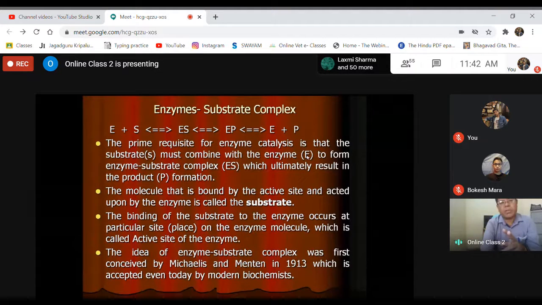The requirement is that the enzyme and the substrate should combine to form the enzyme substrate complex. So this is a prerequisite. It is the requisite step, which ultimately results in the product formation. So if there is no enzyme substrate complex formation, the product may not be formed. So the required step is that the enzyme should combine with the substrate to form the enzyme substrate complex.